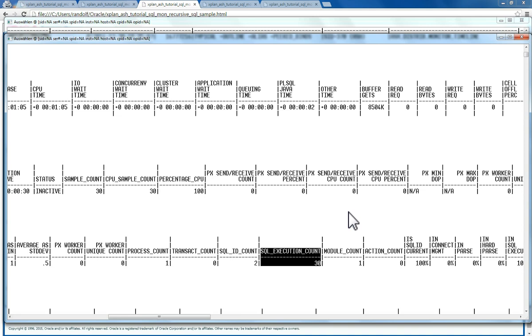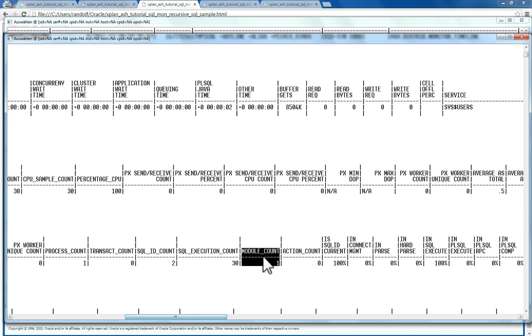But for these 35 samples, 30 different SQL executions could be identified, and the same idea applies to the number of modules found in these samples, the number of different actions found in the samples, and so on.